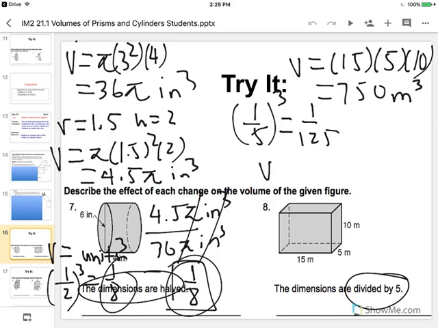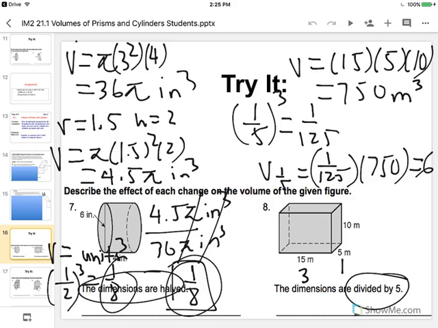If the volume is scaled by 1/125, then we do 750 divided by 125, which gives us 6. We can test that out: 15 divided by 5 is 3, 5 divided by 5 is 1, and 10 divided by 5 is 2. So the volume is 6, which matches.